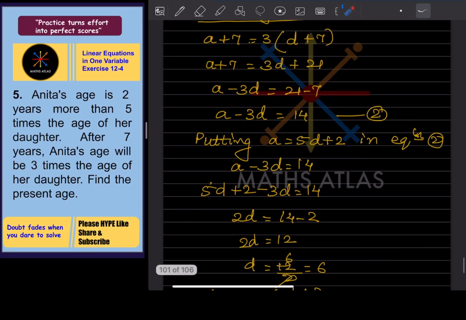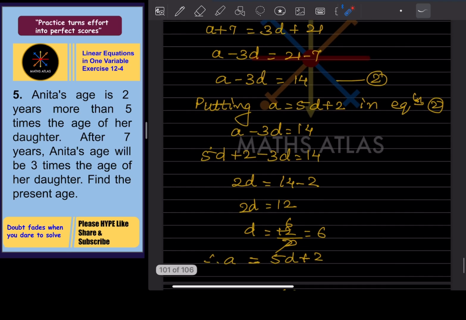Now you can solve this one, 5D minus 3D, that is going to be 2D, will be 14. This plus 2 will go on the other side, will be minus 2. So 2D is 12 and D is going to be 12 by 2, which is going to be 6.